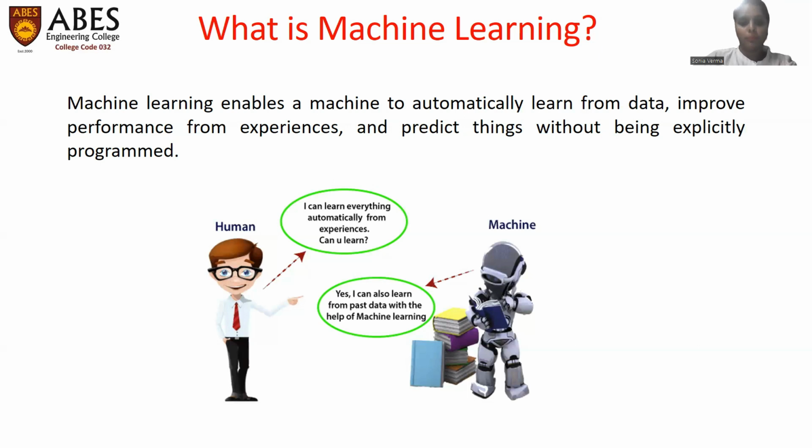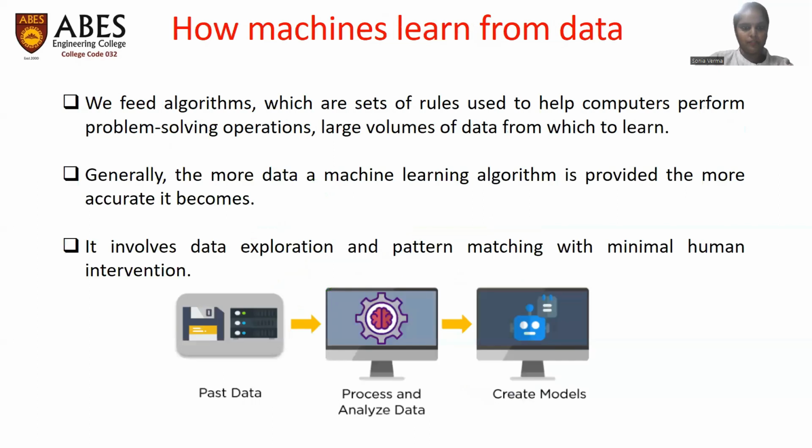So to make a machine learn, we should have relevant data, and from that data only the machine can learn. Now, the question comes to mind: how does a machine learn from the data? We have some algorithms and we feed those algorithms into the machine.